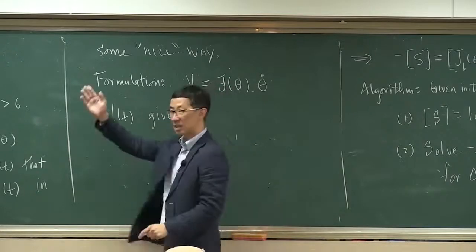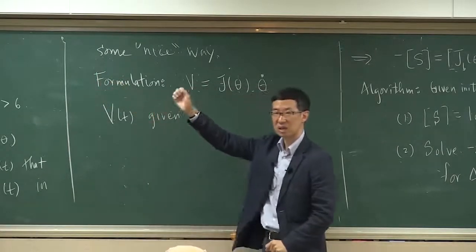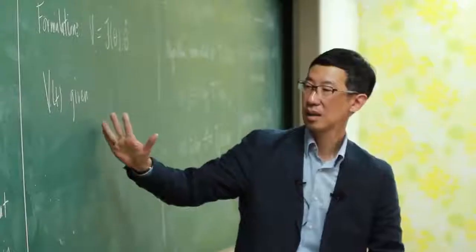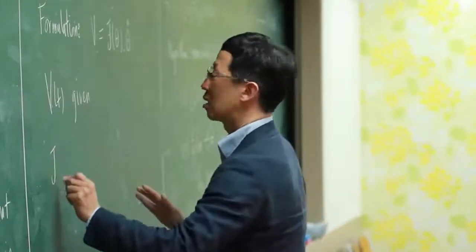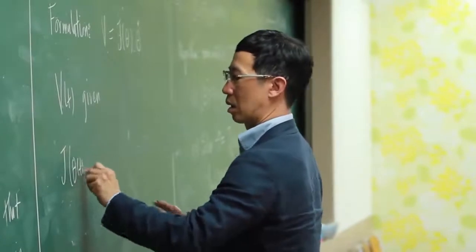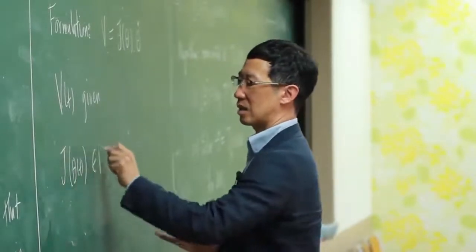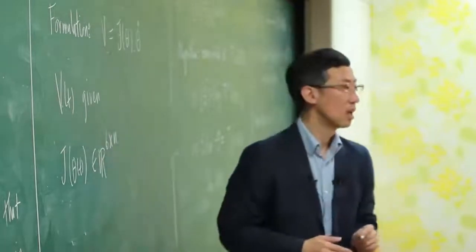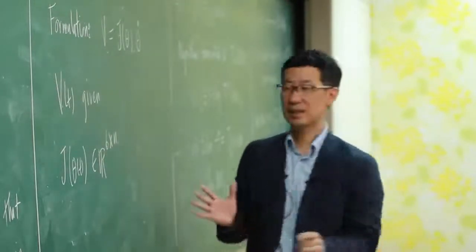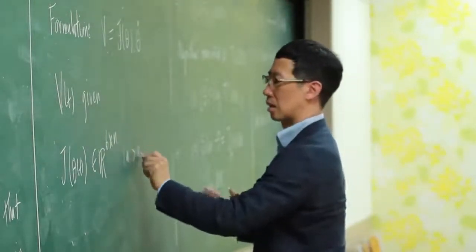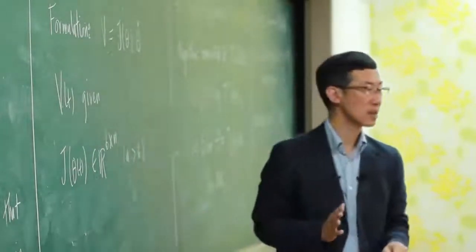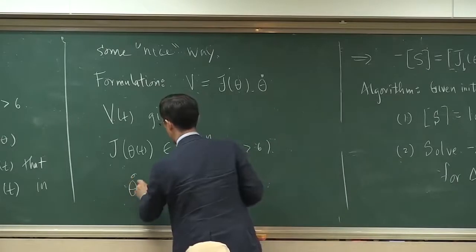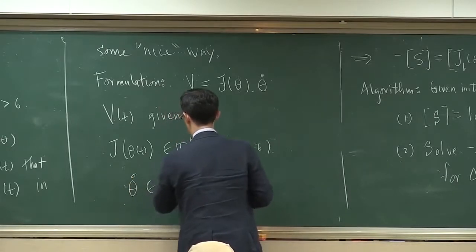That's the desired end effector trajectory's velocity. That's my v. J is going to be 6 by n. Remember n is bigger than 6, we're assuming. And theta dot is n-dimensional.